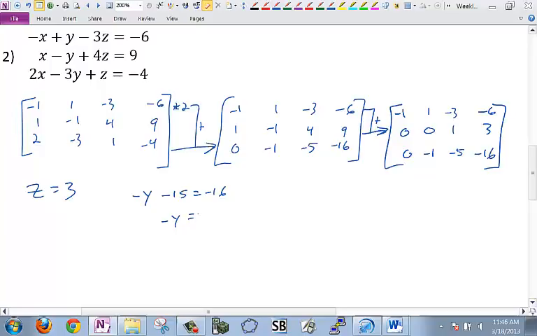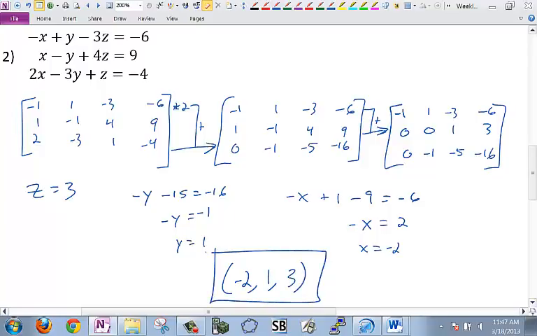So -y equals -1, so y equals 1. Then you get -x plus 1 minus 9 equals -6. So that gives you -x equals 2. So x equals -2. So you should have gotten the point -2, 1, 3.